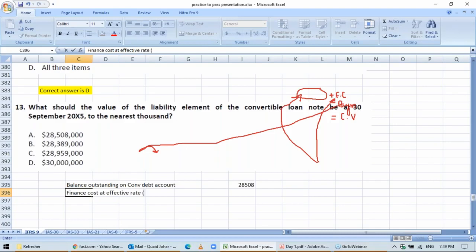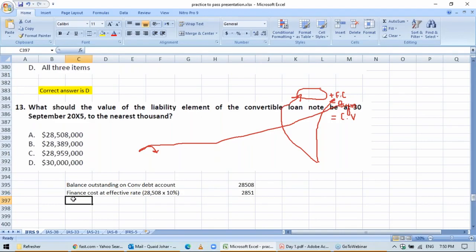So the finance cost at effective rate will be 28,508 multiplied by the effective rate, and the effective rate is 10%. So this makes 2850.8. So let's round it off.